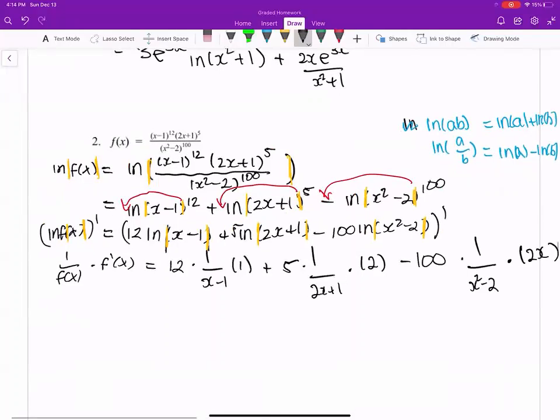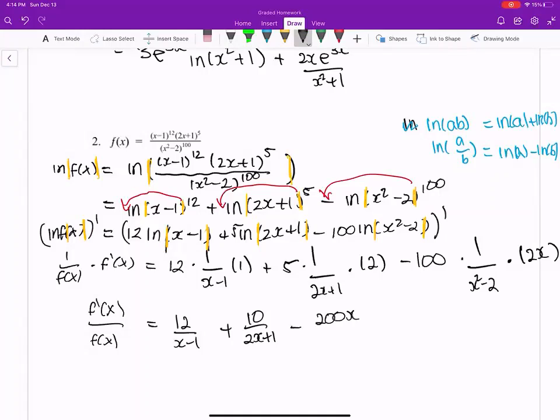We can clean this up a bit. So you would get f prime x over f of x equals 12 over x minus 1 plus 10 over 2x plus 1 minus 200x over x squared minus 2.